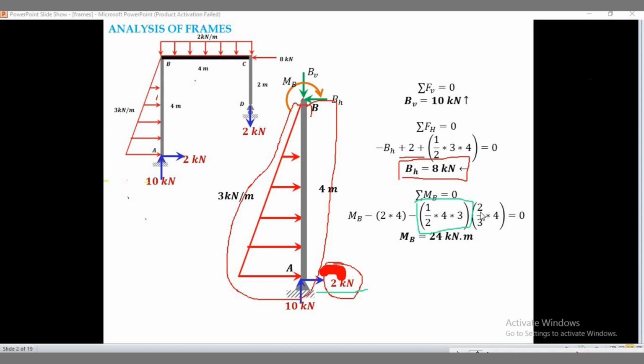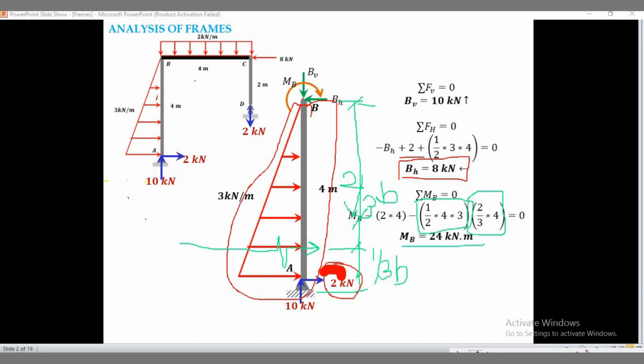This 2/3 of 4 is the moment arm. As we said earlier, the resultant of this triangular load is at the centroid; this distance is 1/3 of the base, so the remaining distance is 2/3 of the base. That is how I got 24 kilonewton-meters.